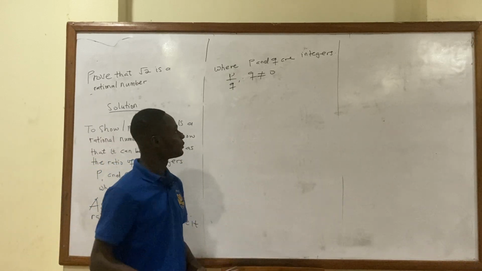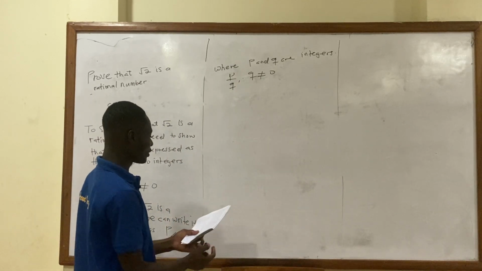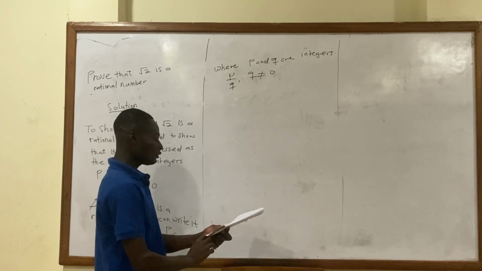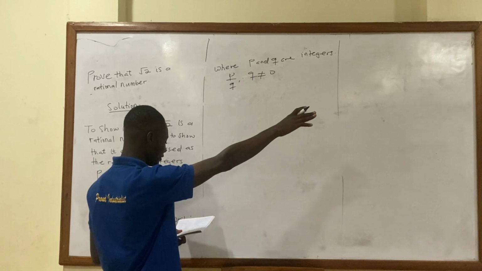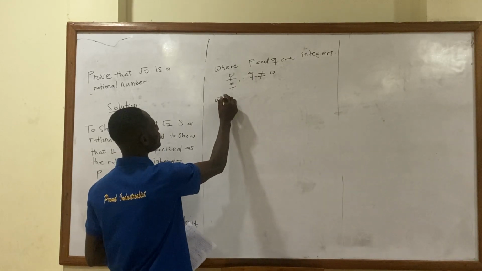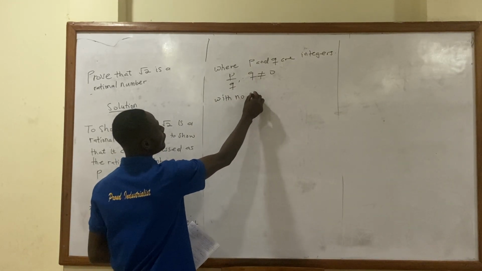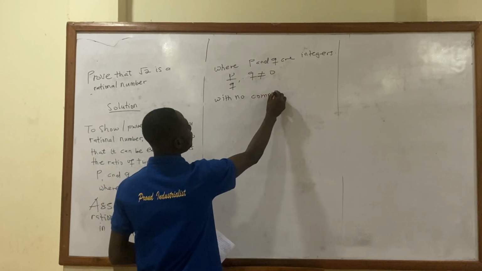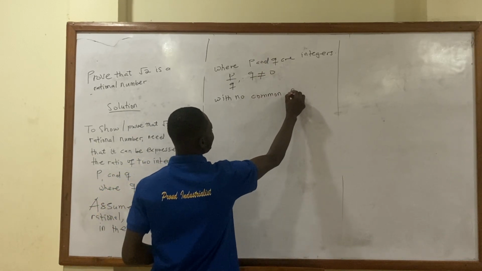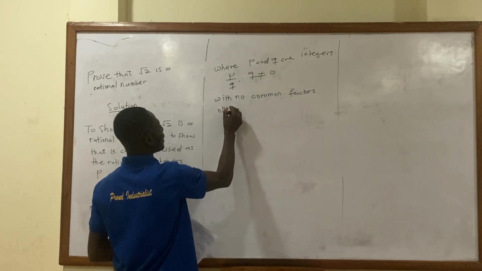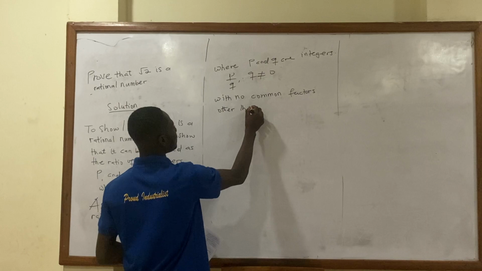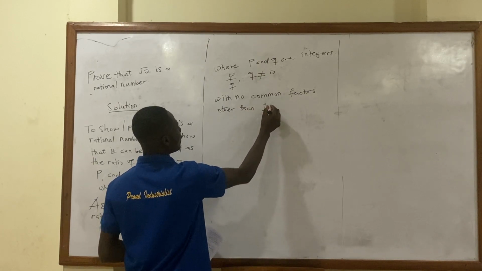All right. So that is fantastic. But let's look at the next. So from there, p and q are integers with no common factors other than 1. All right.